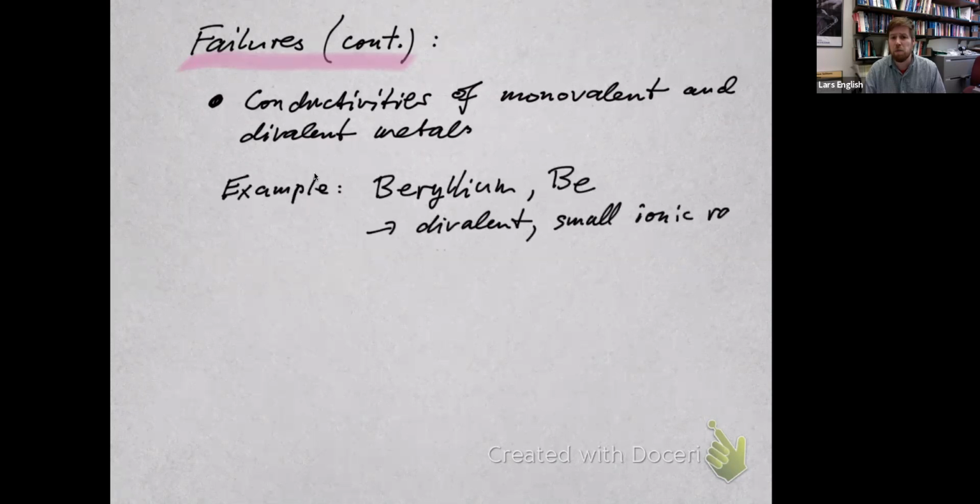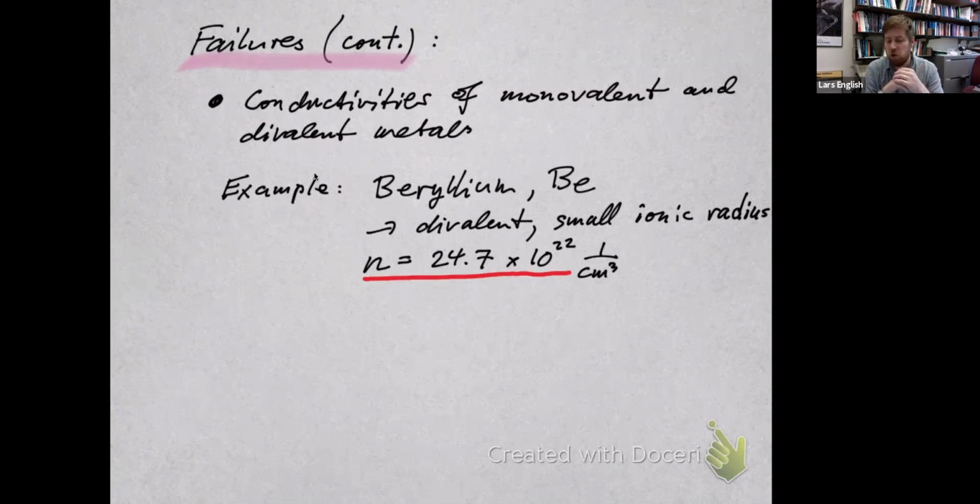An example would be beryllium, which is a divalent metal, every atom contributing 2 conduction electrons. It has a small ionic radius, so the ions are packed pretty close together. Those two together give us a very large number density for conduction electrons.